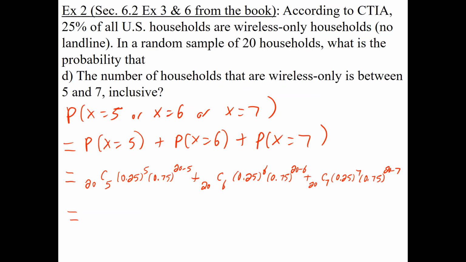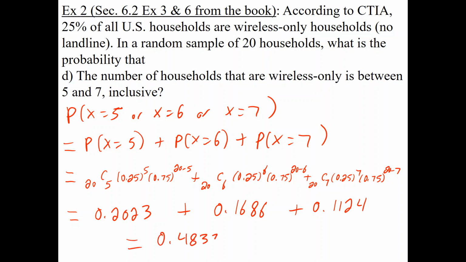All right, so it looks like we get 0.2023 for the first one, 0.1686 when you calculate the second one, 0.1124 for the last one. When you add all those together, you get 0.4833. All right, so that's how that one goes.